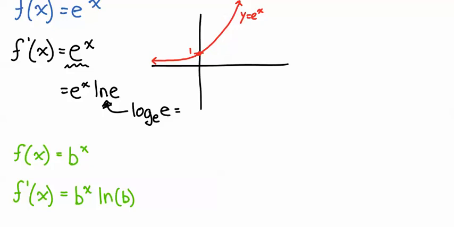So that's in fact equal to 1, right? Because e to the 1 is equal to e. Remember, that's our base, this is our exponent, that's our answer. So e to the 1 equals e. So this is actually just equal to 1.